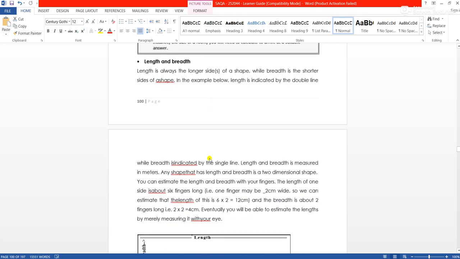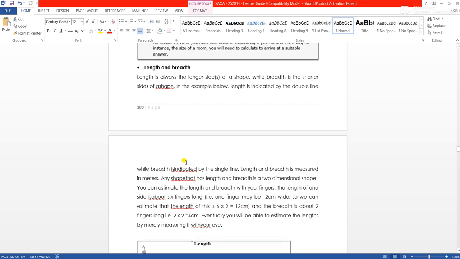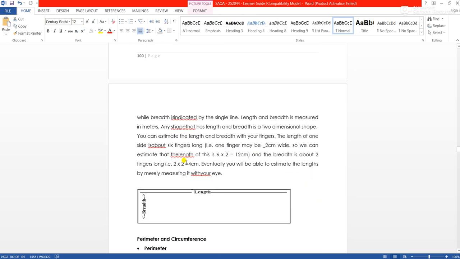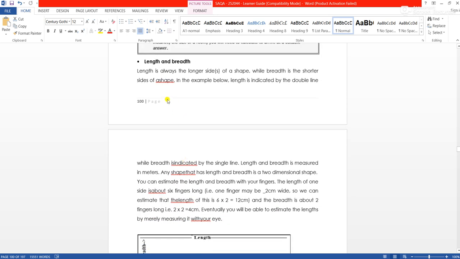We know that when we want to calculate our length and breadth based on our formula, it's more of an area.